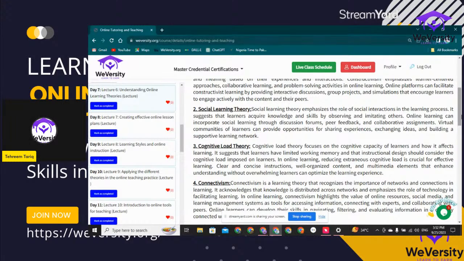This is how social learning theory is applicable on educational platforms that provide education on a virtual and digital basis. This is how you are supposed to apply social learning theory while working as a digital educator.